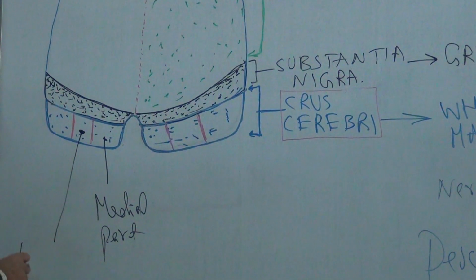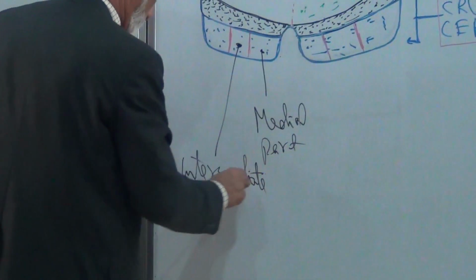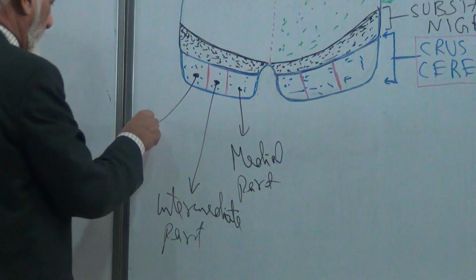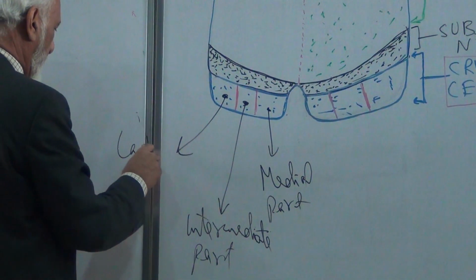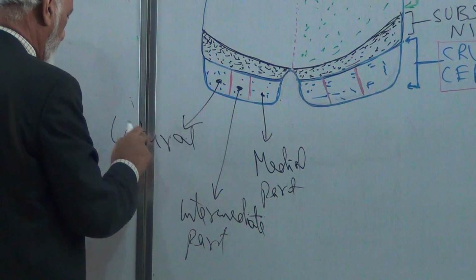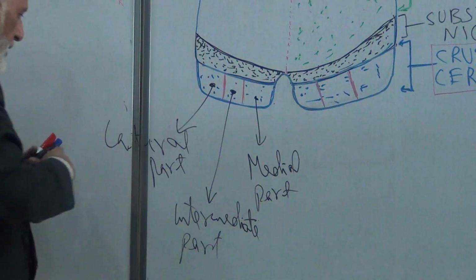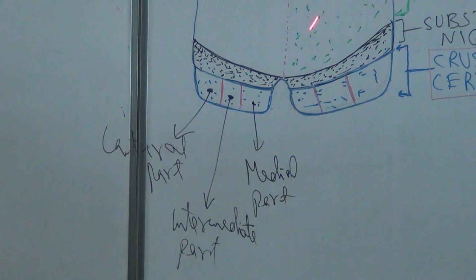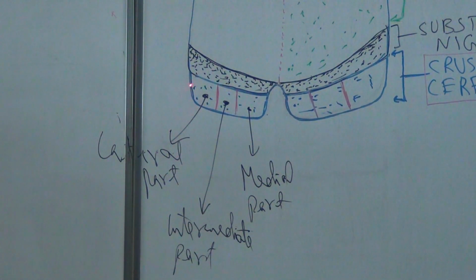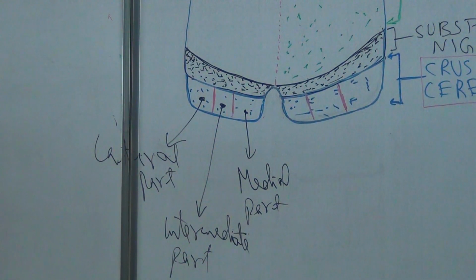This is the intermediate part, and this is the lateral part. There are different descending tracts to these parts.